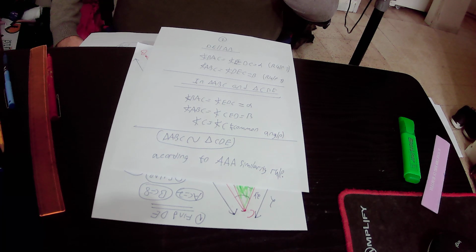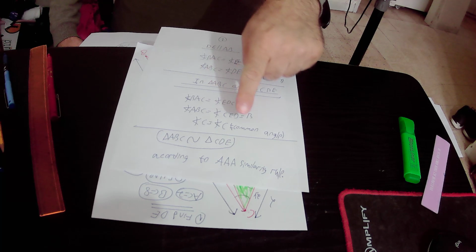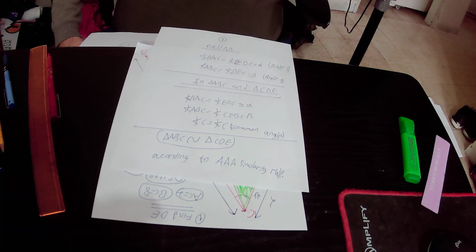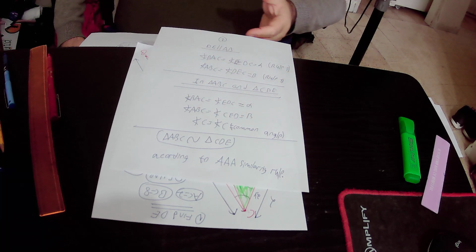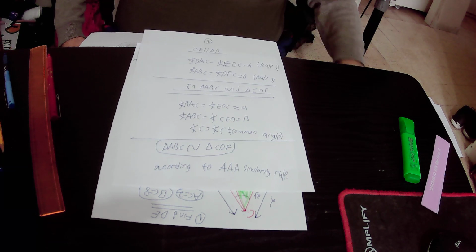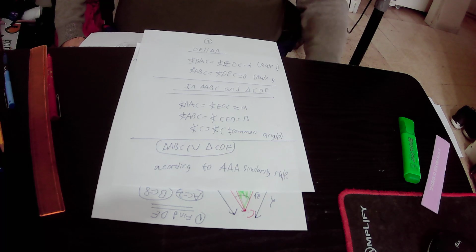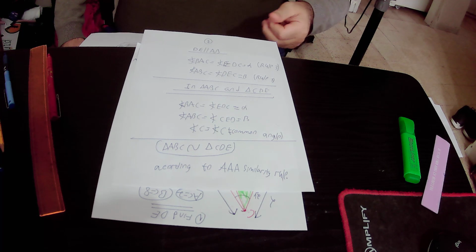Therefore, we proved that the triangle ABC, the big triangle, is similar to triangle CDE according to the angle similarity rule. And what is the angle similarity rule? It means that if you prove that three angles of one triangle are correspondingly equal to three angles of another triangle, then you prove that those two triangles are similar to each other according to the angle similarity rule.